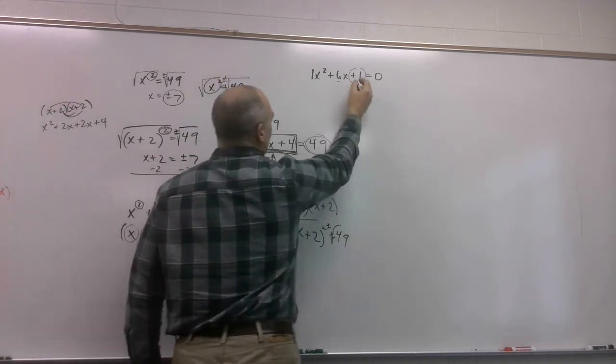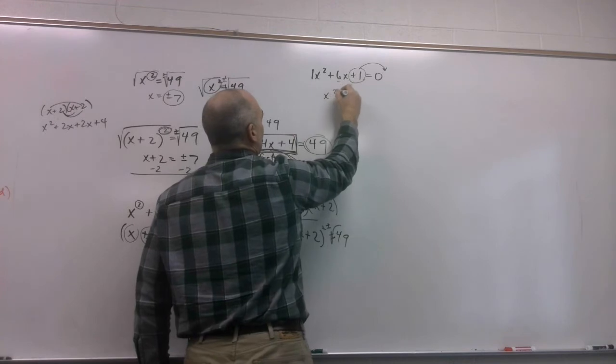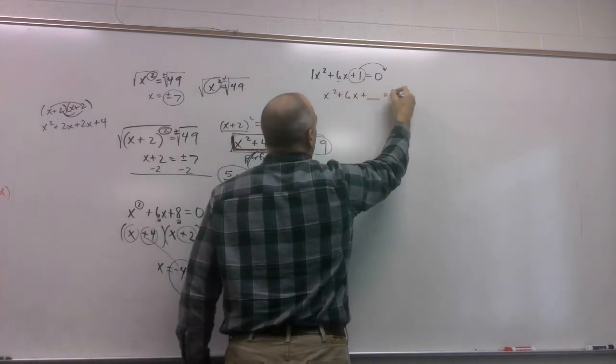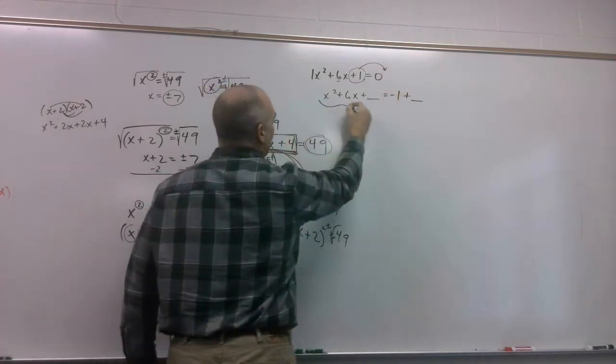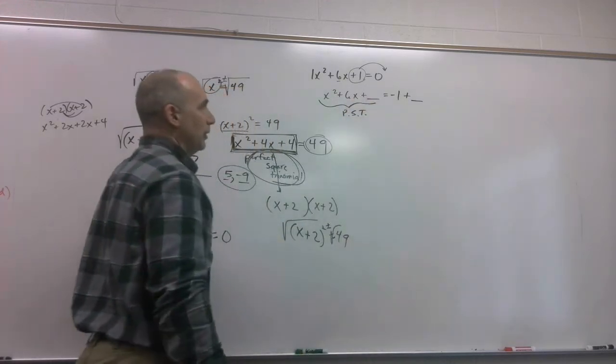Over here, the first thing I'm going to do is I'm going to kick that 1 over to the other side, and I'm going to leave a space. And that 1 over here will be negative 1 plus space. See, I'm going to create a perfect, I'm going to nickname it perfect square trinomial.